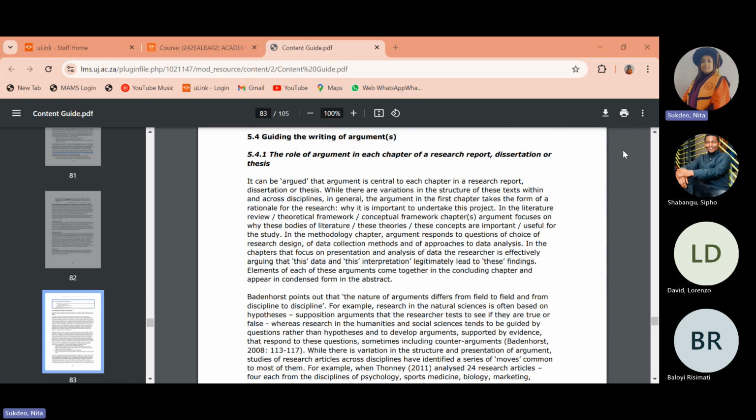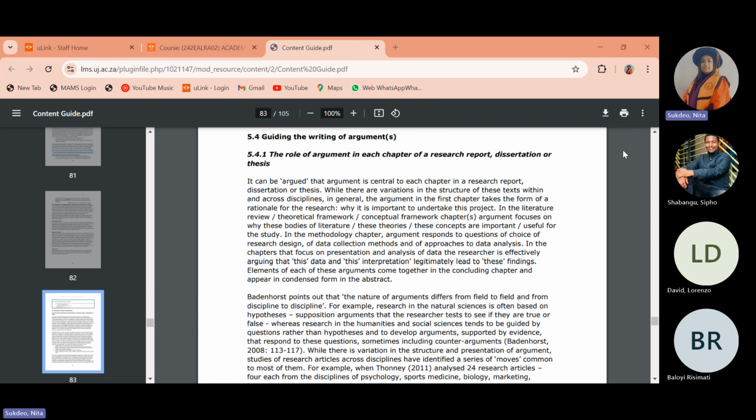And when we say argument, it means what is it that you want to do and how are you going to achieve it? The objectives you're going to use in order to achieve it. So in the problem statement, well, this is how I guide my students. It is your voice as a student. So state your argument. What is the problem that this company XYZ has experienced? And therefore you want to undertake this study. Supported by what other authors have said.